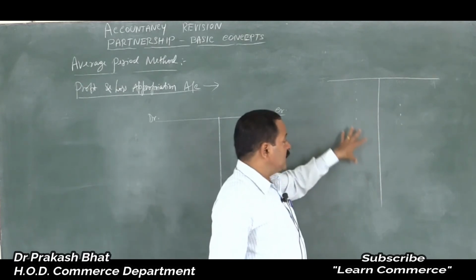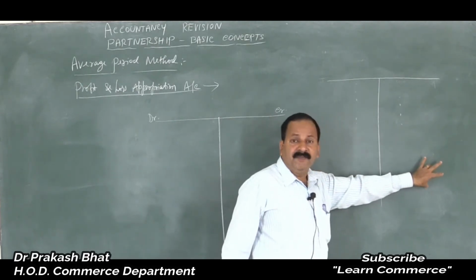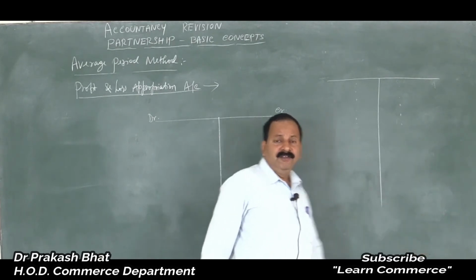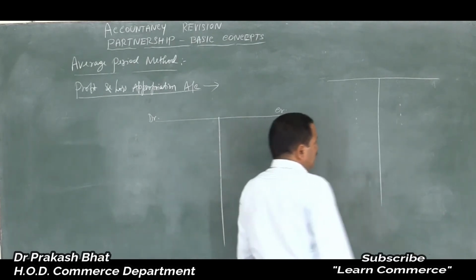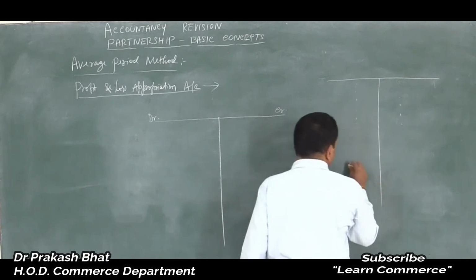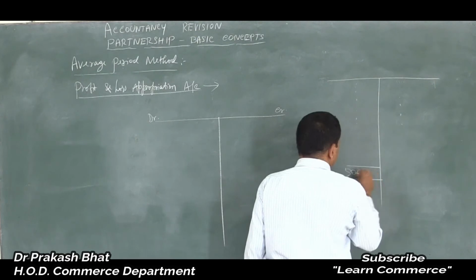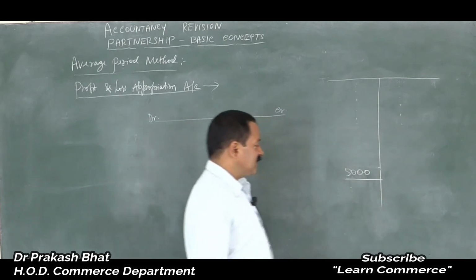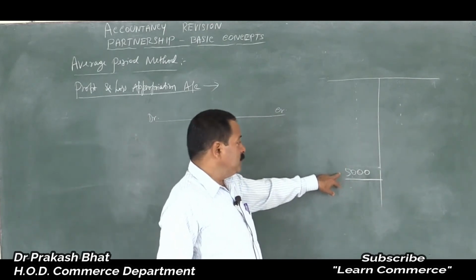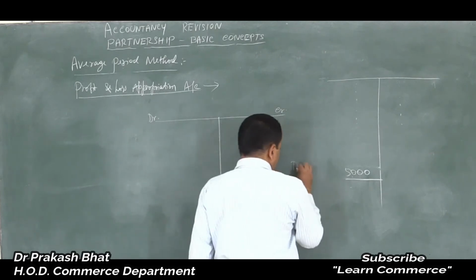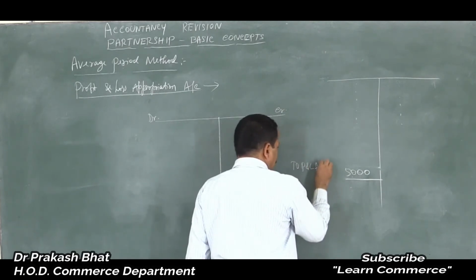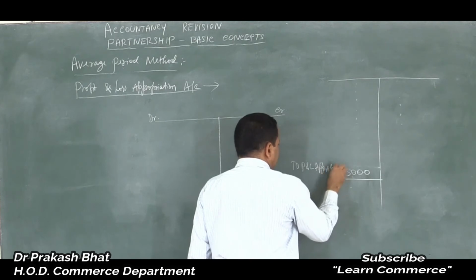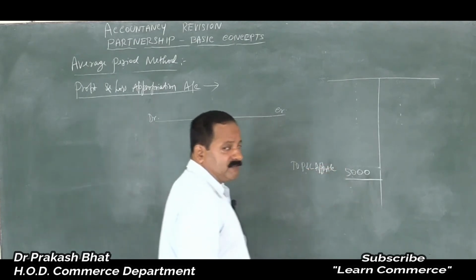If the expenses are more than income, you will get the difference on the credit side, correct? So let us assume there is a profit, income is more than the expenses, and you got the net profit here, maybe 5,000. You have balanced both the sides, and the difference is 5,000. Here you will give the entry to the profit and loss appropriation account, transferred balancing figure.